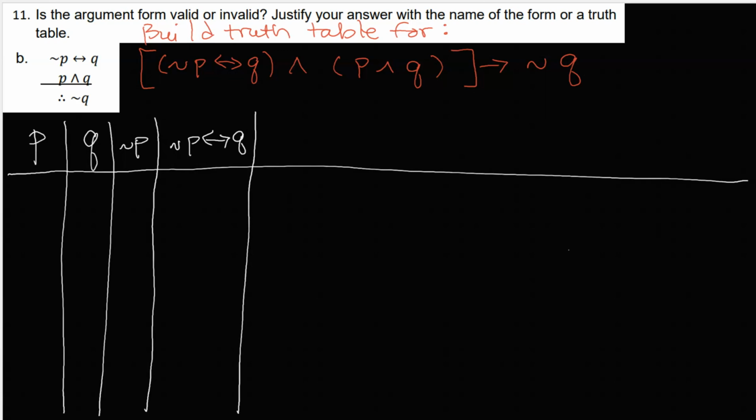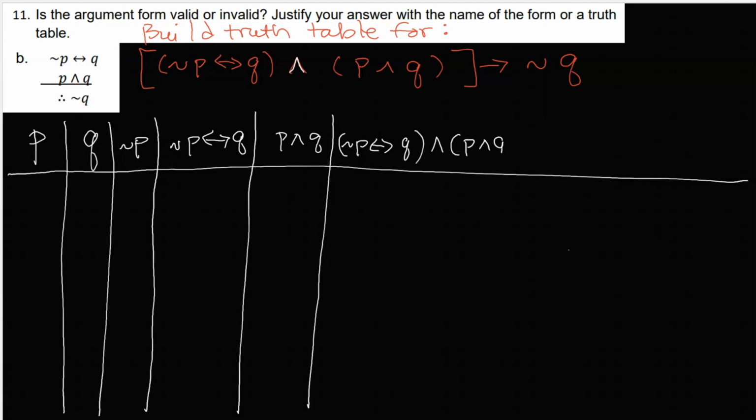And then I'm going to say not P if and only if Q. And then next, I would go to this other parentheses here. So I would say P and Q here. And then I'm going to go outside of that and deal with this one. Okay, so there would be not P if and only if Q, and P and Q. And then I would go out here, and when I go out here, I'm going to have to do negation of Q before I could do if then.